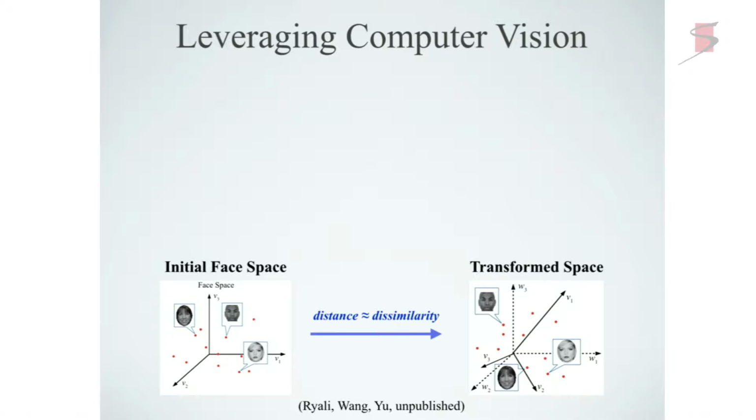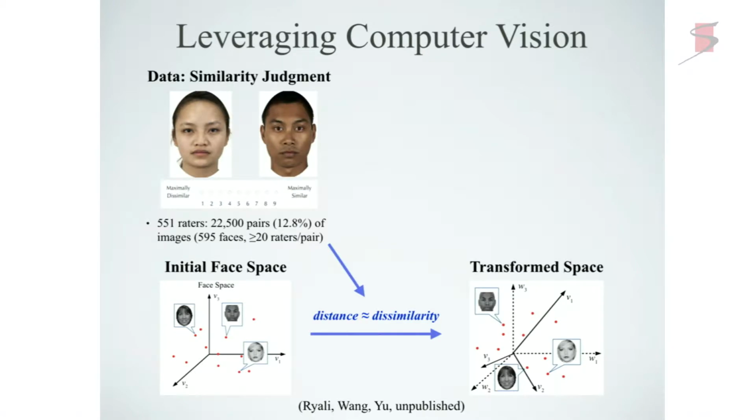Now what we do is transform this initial face space, given to us by this computer vision model, to correspond more closely to human perception, by getting human similarity judgments of pairs of faces and trying to make the Euclidean distance of pairs of points in this transformed space as similar as possible to human judgment of similarity.